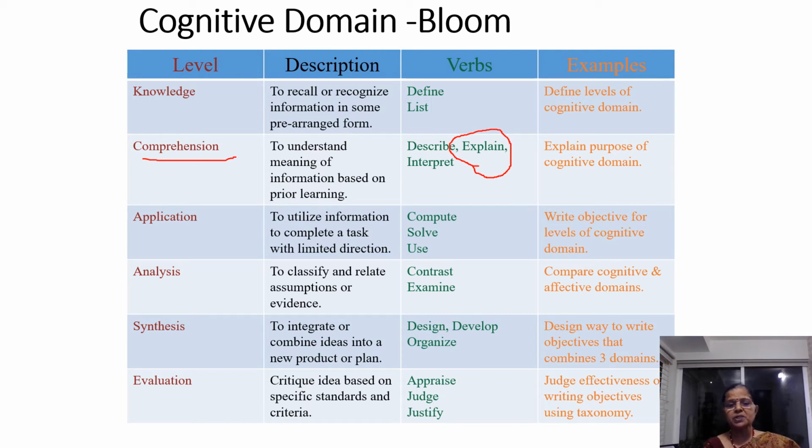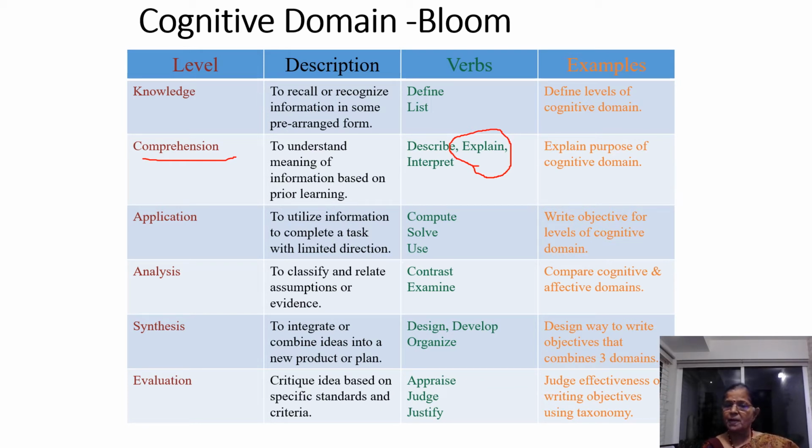So you should be able to tell me there are 6 levels: knowledge, comprehension, application, analysis, synthesis, and evaluation. You are telling it out of memory. So define. And the next question is, explain the purpose of cognitive domain. You are explaining something. That means you have understood what this domain is, and you are able to explain it. Why is it?